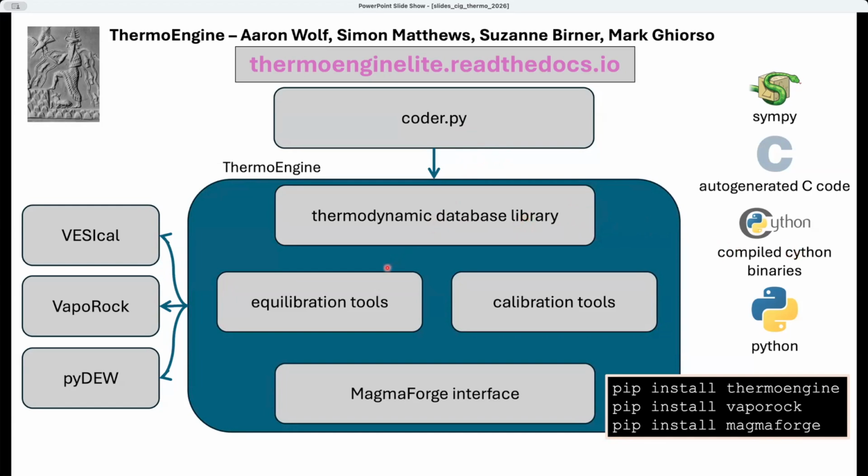And it couples those with equilibration tools and calibration tools and exposes them to users through an interface known as MagmaForge. There's also an extended universe of ThermoEngine derived and related software packages that use parts of these tools. So for example, Vesical, VaporRock, and Paiju use components from ThermoEngine.